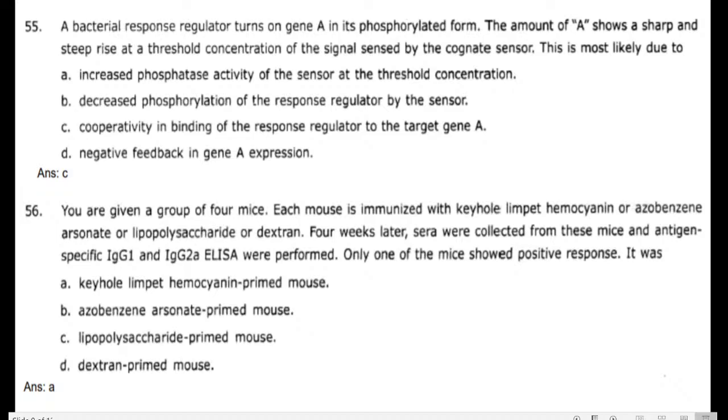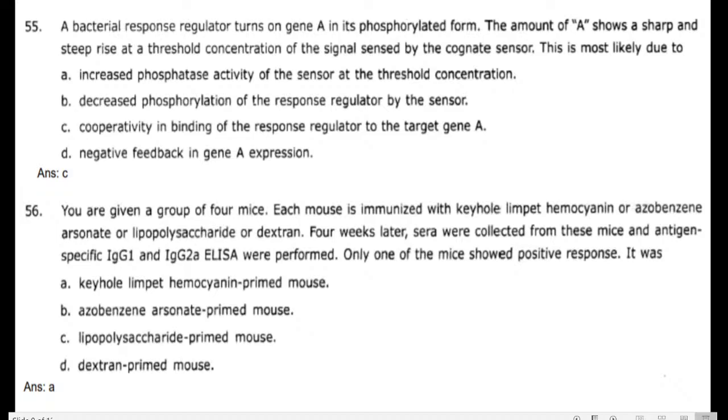In this experiment only one mouse shows a positive response. The mice injected with azobenzene arsenate, lipopolysaccharide and dextran did not show any immune response, as our body is accepting these chemicals.